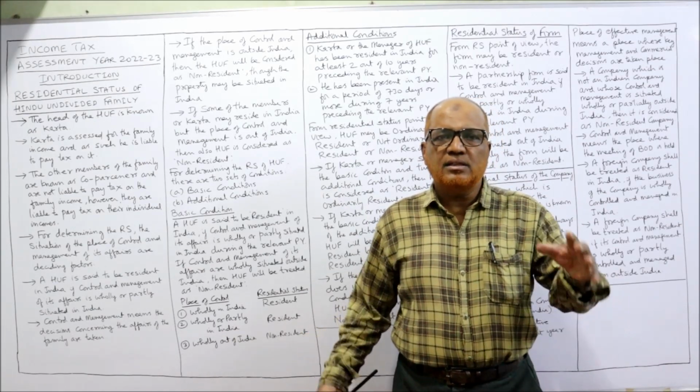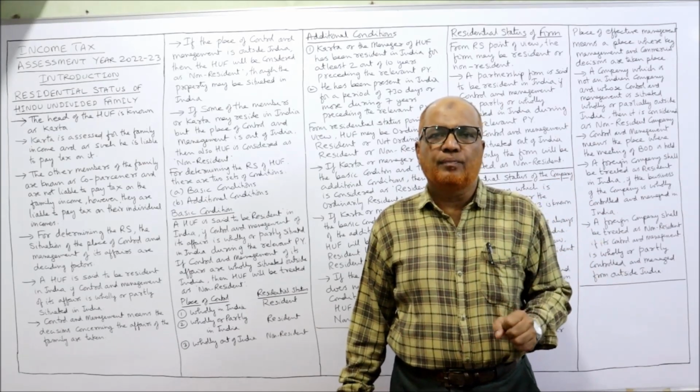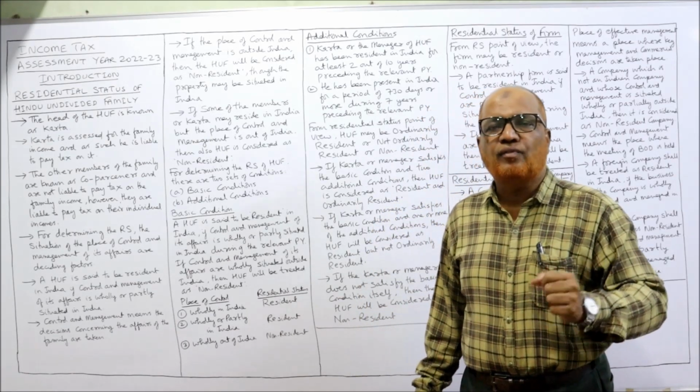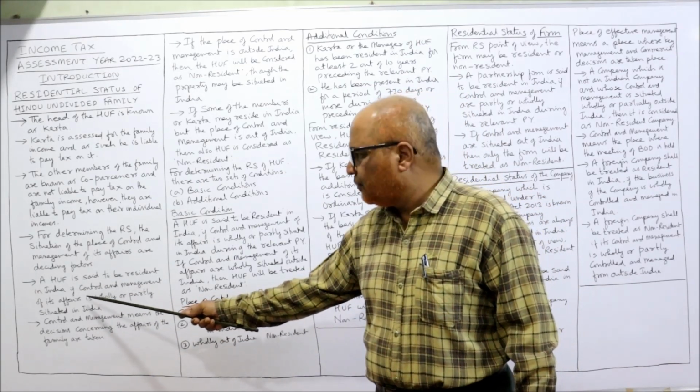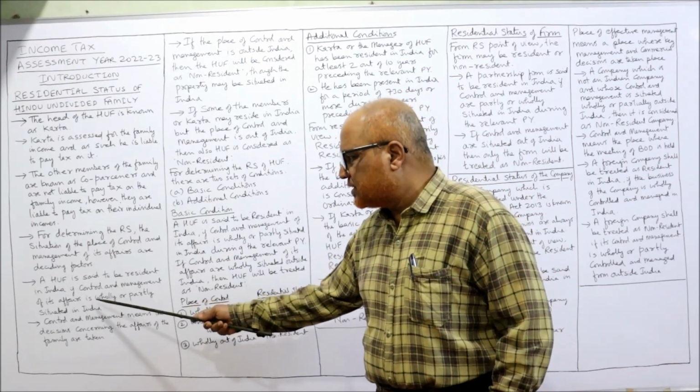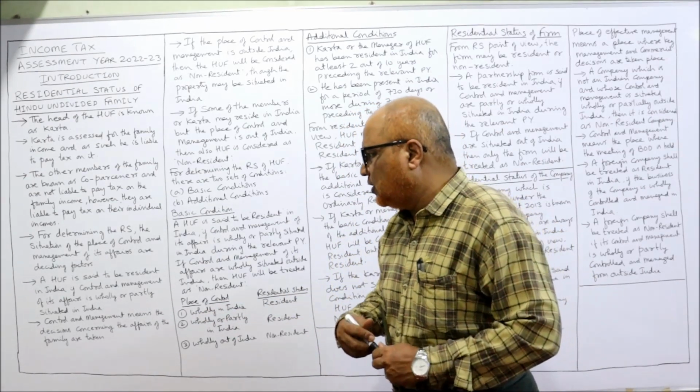From where this business is being managed and controlled, that is the deciding factor. A HUF is said to be resident in India if control and management of its affairs is wholly or partly situated in India. This word you ought to remember.